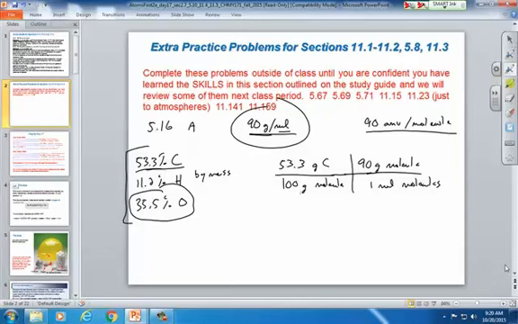So if I cancel the grams of molecules here, and I plug things into my calculator. That was given. That's the molar mass. So that molar mass is the number of grams of the substance per mole of the substance.